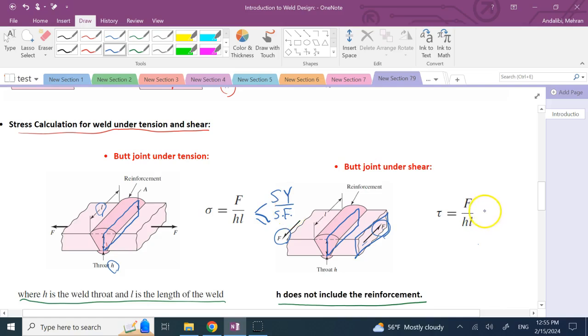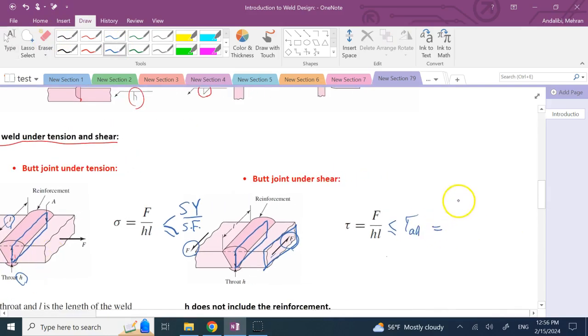And in this case, this should be less than or equal to tau allowed divided by the safety factor. Or just tau allowed, and tau allowed is typically the shear stress divided by 2 and then divided by the safety factor.